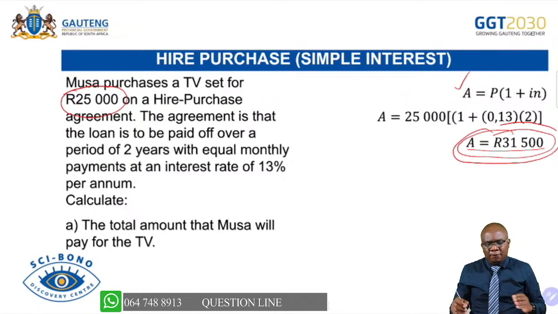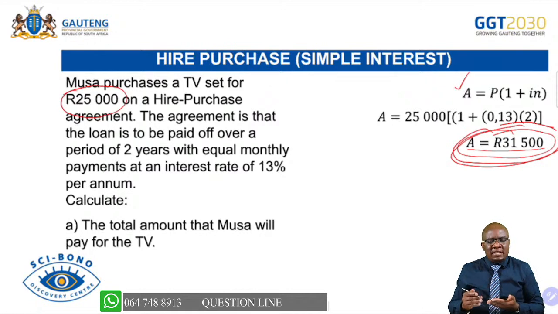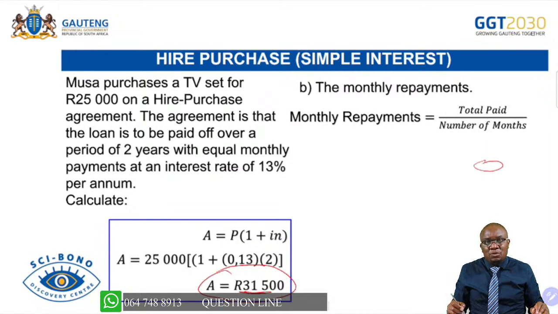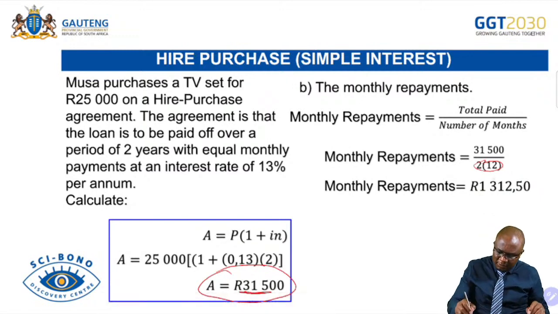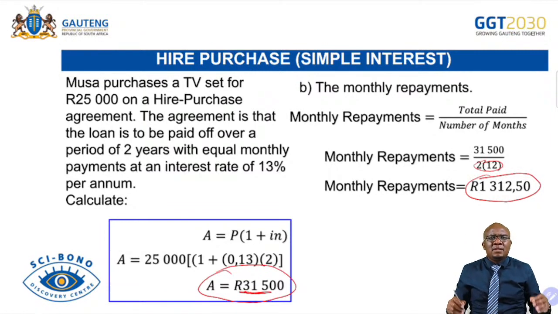How much is paid in 24 months? This is the amount. So it is divided into smaller parts. So 31,500 divided by 24, what do we get? We get our 1,312 rand and 50 cents. If you multiply this amount by 24, you will get your 31,500. This is the monthly payment. You pay till you finish paying for it. Okay? I hope I've answered that part.